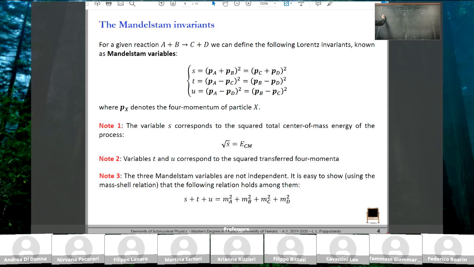Now, suppose that the particles are again the same, so mA is equal to mB, let's just call this m. Let's now try to find a clearer relation between these two. So from the first one, we take the square of this, so we get 2m squared plus 2m E beam fixed target, and this must be equal to 4 times E beam collider squared.